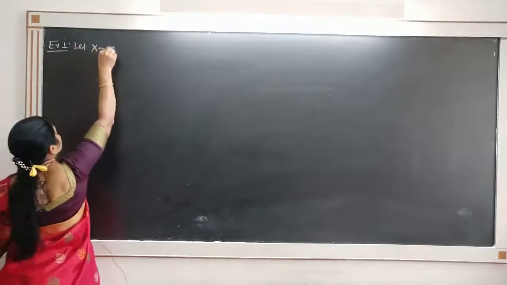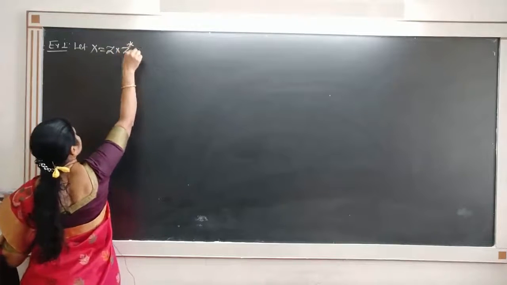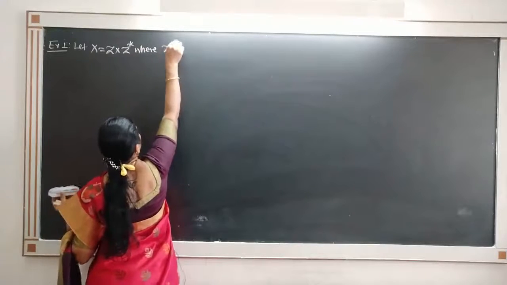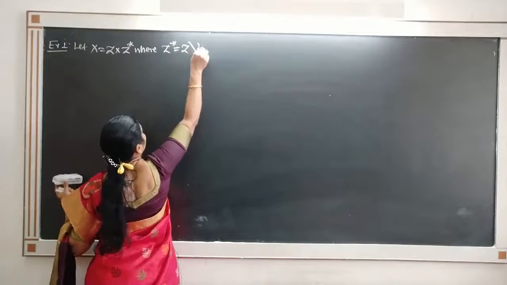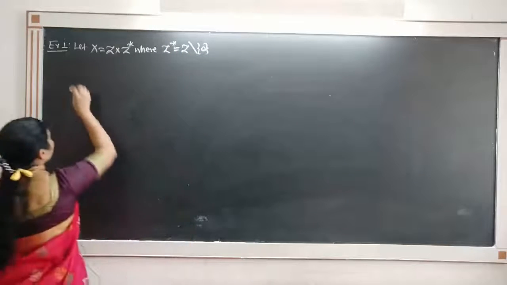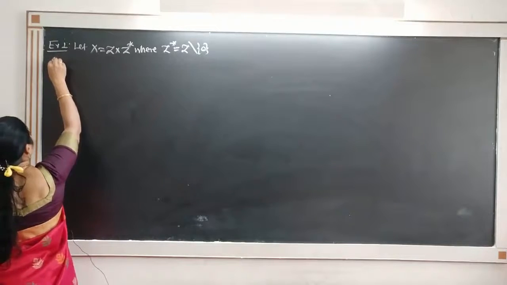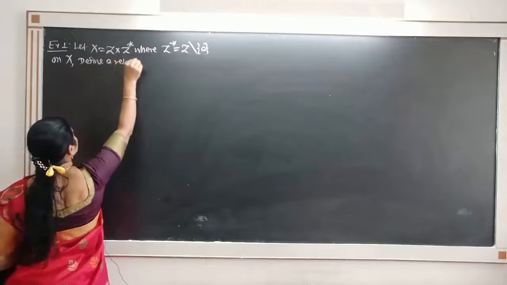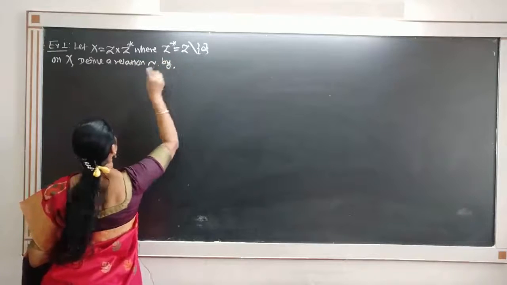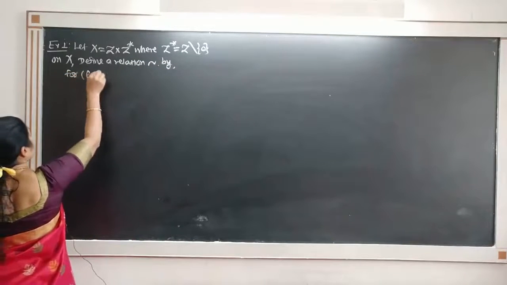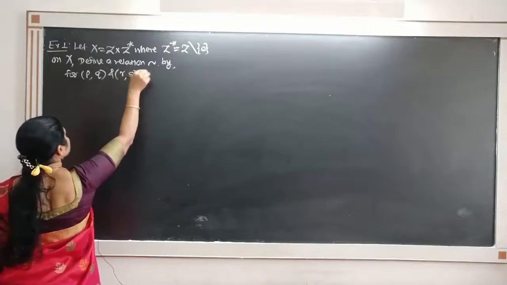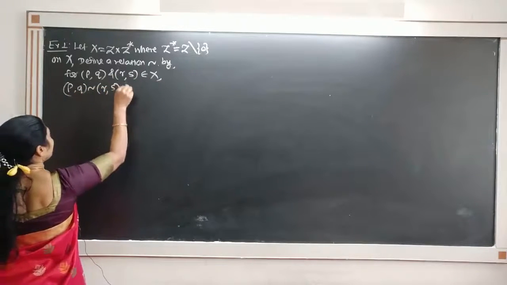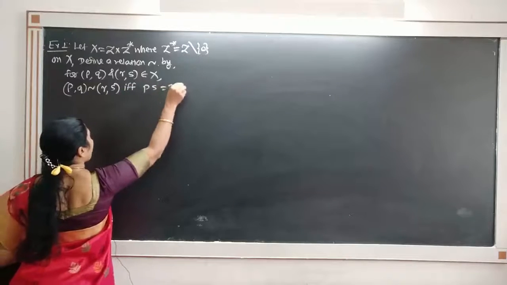Let X equal Z cross Z star. Z star means the set of all integers except 0, so Z star is the set difference of 0 from Z. On X, define a relation by, for (p,q) and (r,s) belonging to X, (p,q) is related to (r,s) if and only if ps is equal to rq.